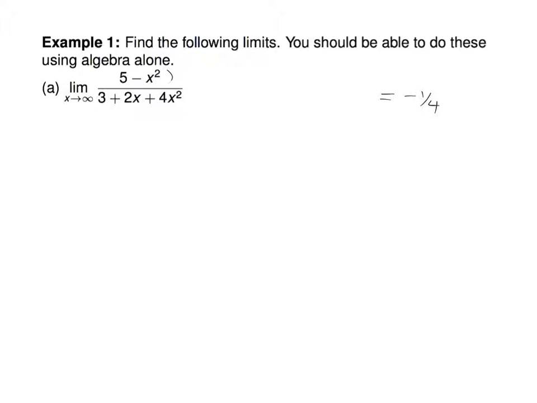So the way that I would think about this is I would divide the numerator and denominator by x squared. I know it's tedious, but you have to leave that limit symbol there until you've actually done the limit. Since I haven't done it yet, it can't go away. So that becomes 5 over x squared minus 1, over 3 over x squared plus 2 over x plus 4.